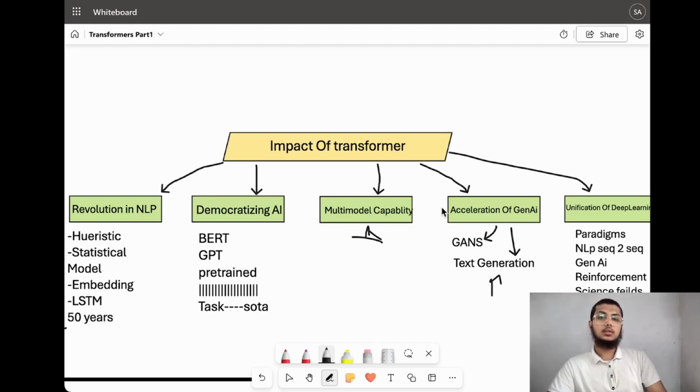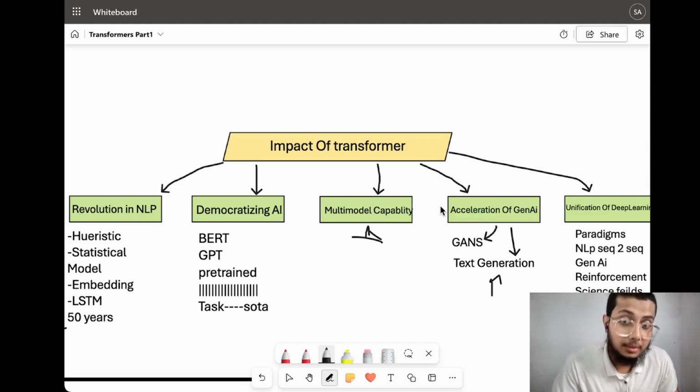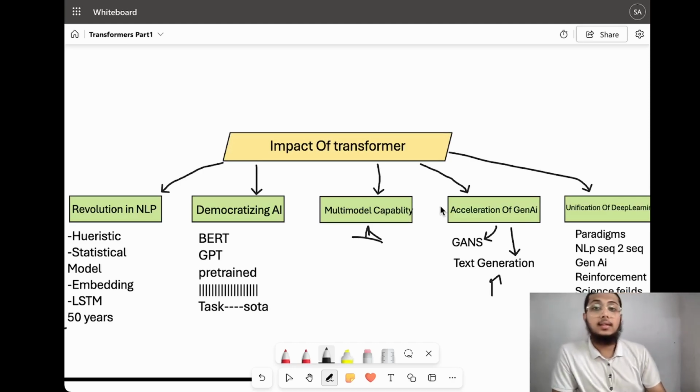After that, since transformers are multimodal, the same thing started appearing with software like Midjourney and DALL-E in the image domain, where people are now able to generate images by inputting text. With text input, you can actually generate video as well.